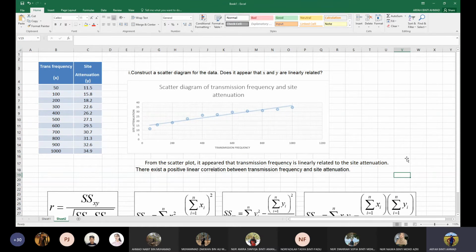Done? Belum? Done, Doctor. Done. Roizi done. Ahmad Kamal. Adib Naim. Adib mana Adib? Senyap je Adib. Tidur. Khairul Imran.